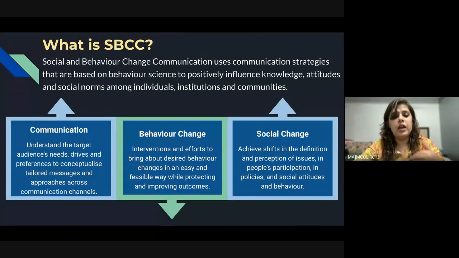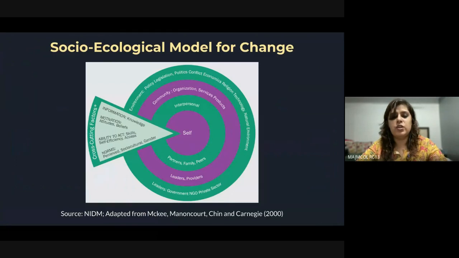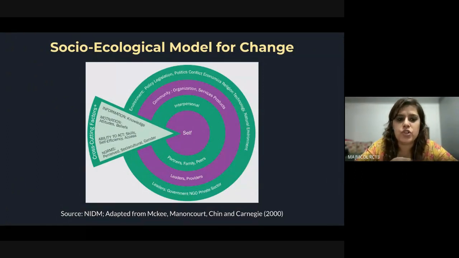To understand social and behavioral change communication, it will be essential to understand the socio-ecological model for change. This became a base for social and behavioral change communication. Now, the socio-ecological model, or the SEM model, talks about four key factors that can bring about change in the society and the behavior of an individual. First is the self.